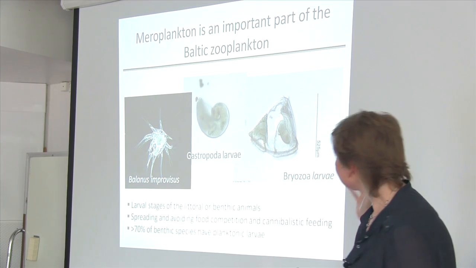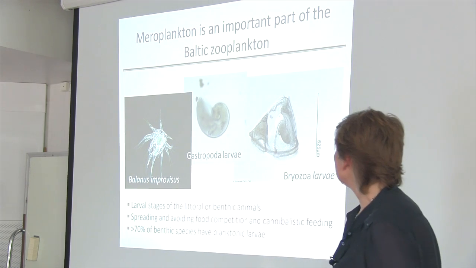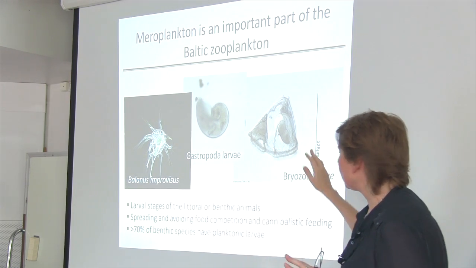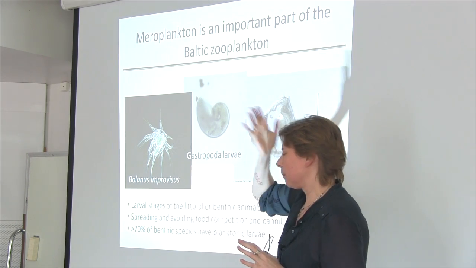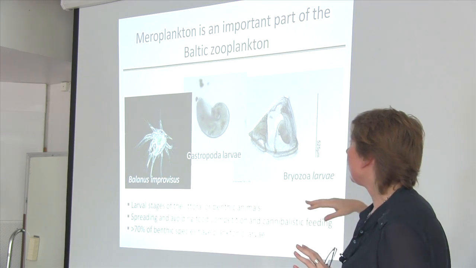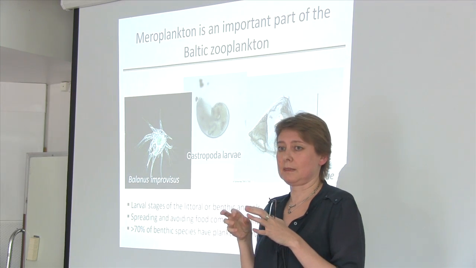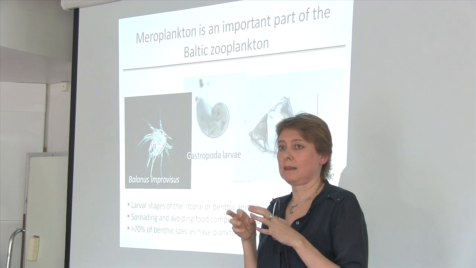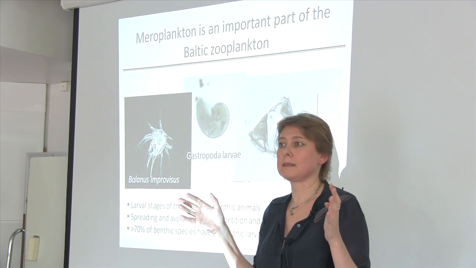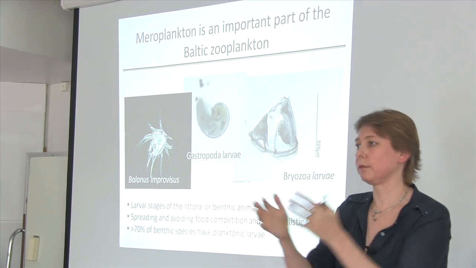So why not? Other larvae of invasive species and larvae of benthic species are also kind of ignored in all the analysis, although this could be a perfect way of detecting invasive and benthic species in the ecosystem. Because here you have an integrated sample of everything from a large area.